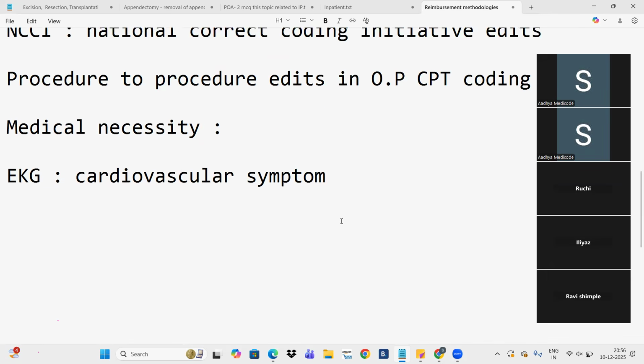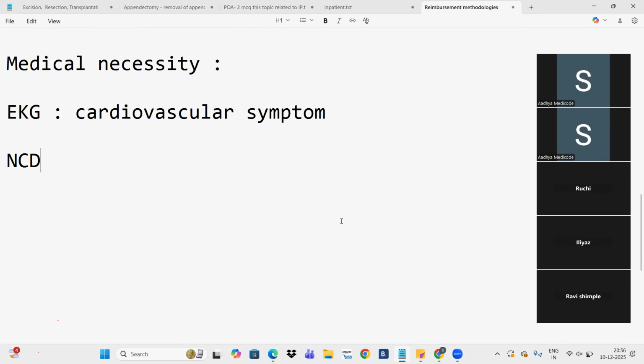National coverage determination, local coverage determination. National coverage determination, nationwide they will follow the same guidelines. Local coverage determination means region wise.